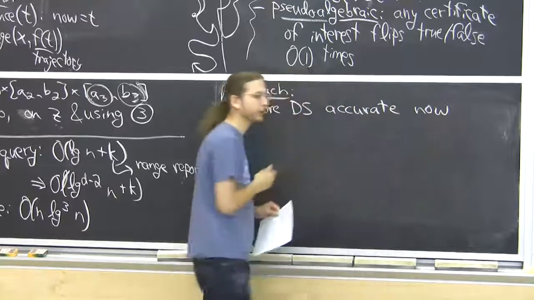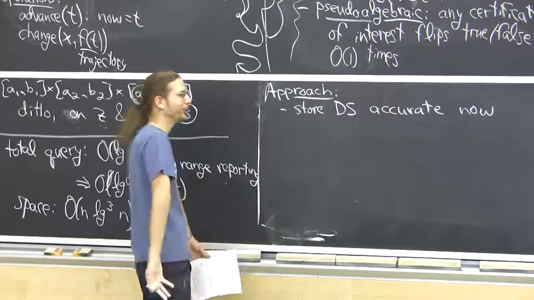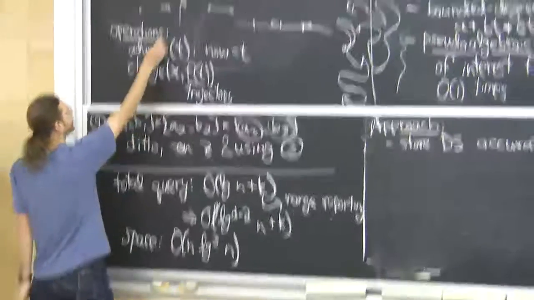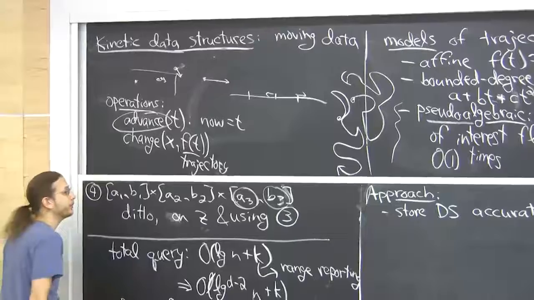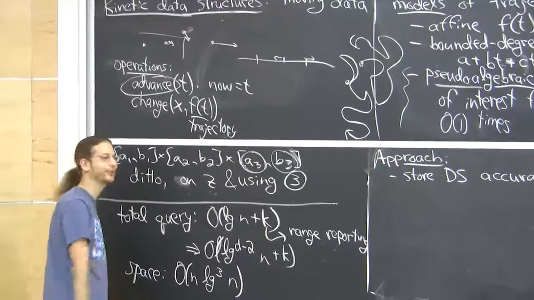This will make queries about the present really easy. You look at the data structure, you do a query. And so the hard part becomes, how do I do advance? How do I advance time and make the new data structure, which is correct about the new now?